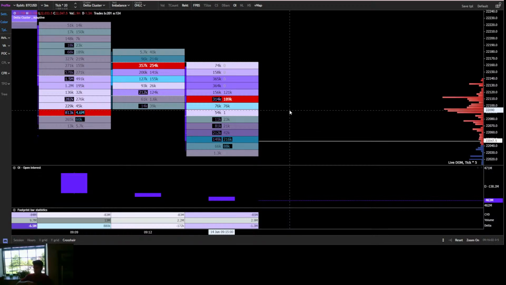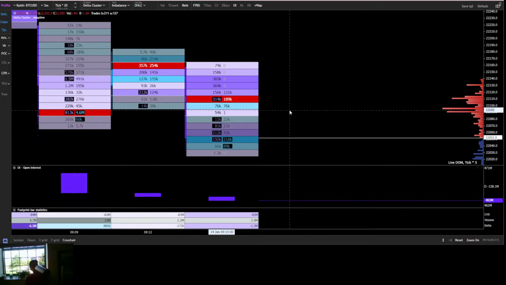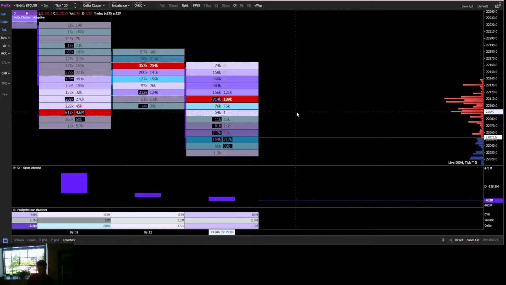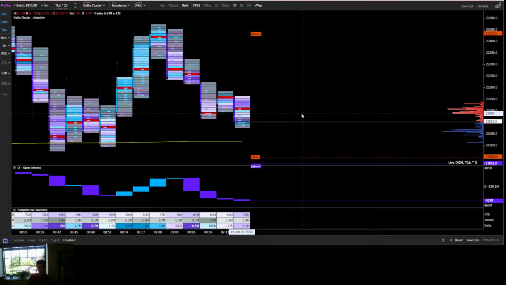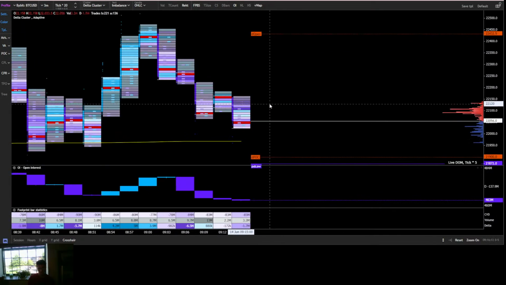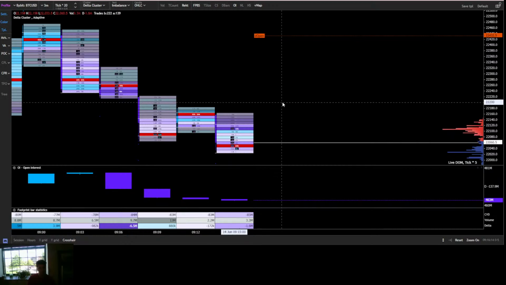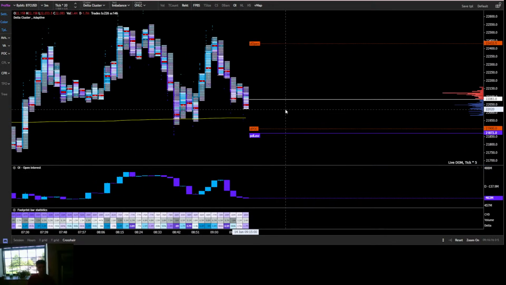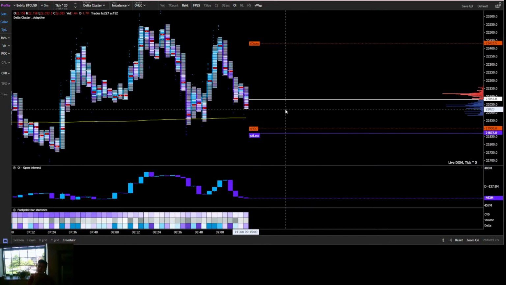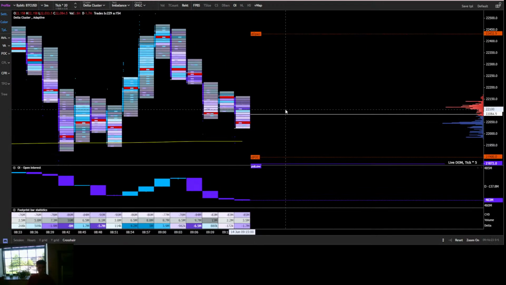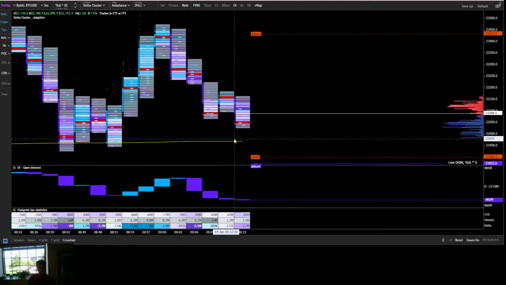But I'm kind of surprised we're dropping down, to be honest. I get a retest of this VWAP.